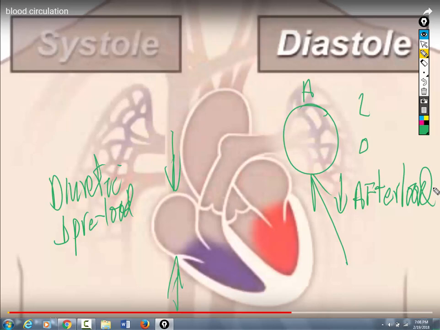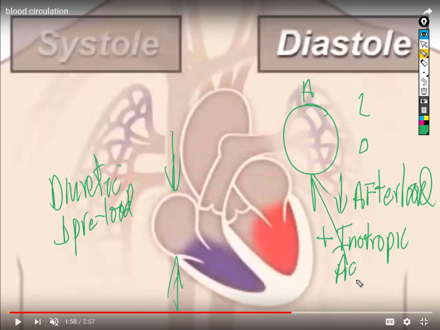Do you want to make the heart contract harder? It's contracting weakly. Do you want it to contract harder? So you give them positive inotropic agents. Drugs that increase the force of contraction of the heart.